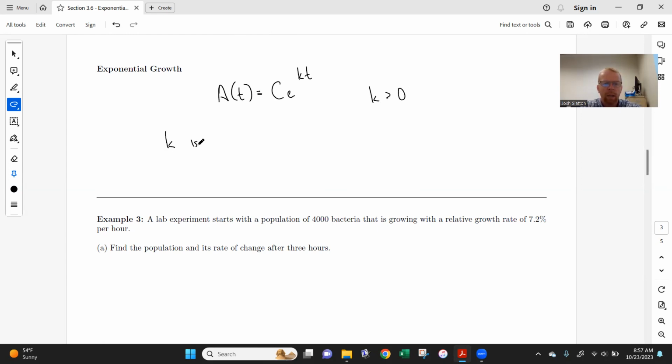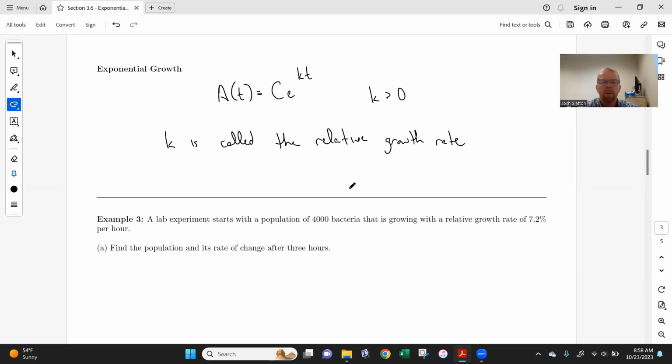A lot of times you'll see the word continuous, but not always. Sometimes you can figure out from the context if it's going to be continuous or periodic growth, like annual. But other times you'll see what's called the relative growth rate. And that relative growth rate indicates it's a continuous growth or decay. So K is called the relative growth rate. So you may see that sometimes, like in this problem.